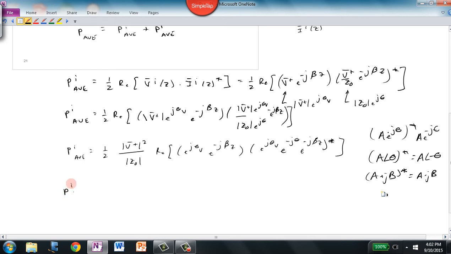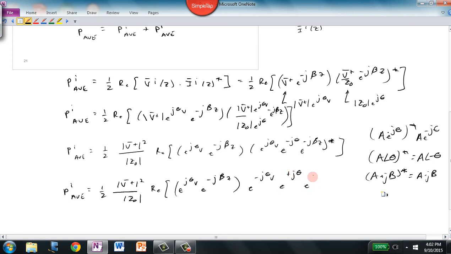That gives us the incident average power is equal to 1/2 V bar plus squared over the magnitude of z0 times the real portion of e to the j theta v e to the minus j beta z times e to the minus j theta v e to the plus j theta e to the plus j beta z.